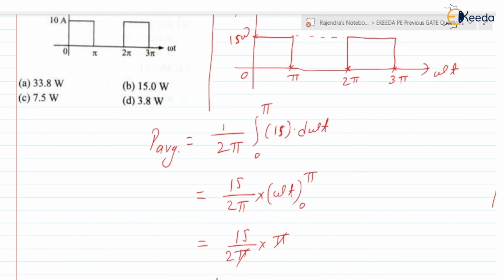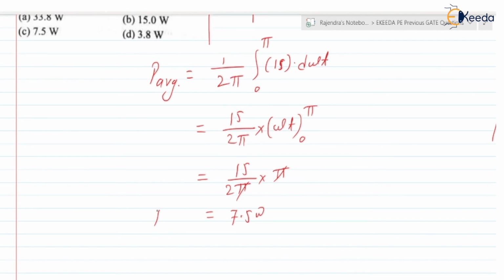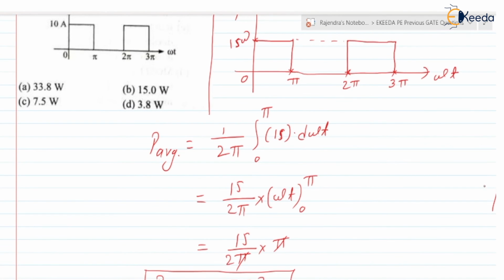Pi will get cancelled, so it is equal to 7.5 watt. Is this clear? So the average power loss in a MOSFET is equal to 7.5 watt, and that is the correct option.